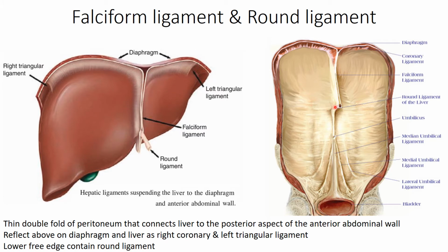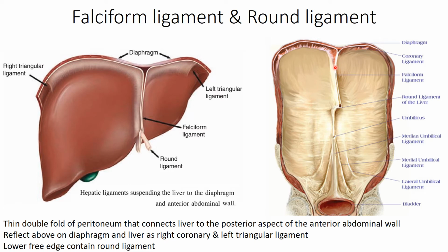And this anteroposterior fold is wider inferiorly, up to the level of the umbilicus, and it narrows down as we trace it superiorly, as the distance between the liver and the anterior abdominal wall decreases.